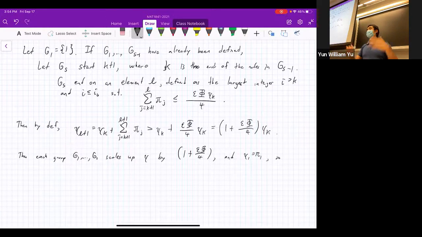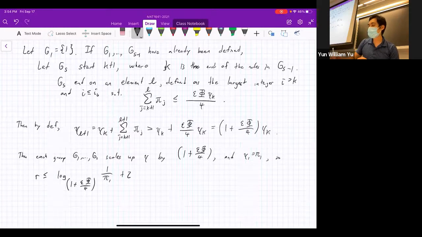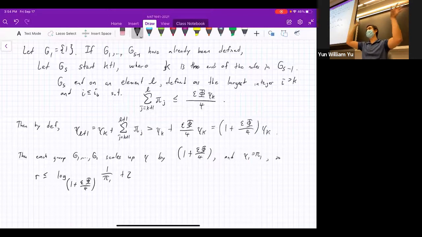So if we're going to scale all the way up to the total probability distribution of 1, how many times do we have to scale up pi 1 in order to get all the way up to 1? And the answer to that is R is going to be less than or equal to log base 1 plus epsilon phi over 4 of 1 over pi 1, plus 2, because we have the end bits as well. Basically, how many groups do we need in order to scale up all the way to the total probability mass?